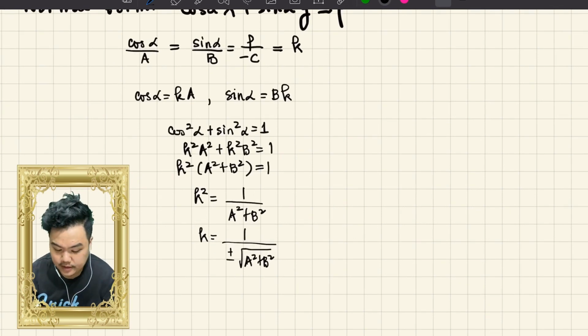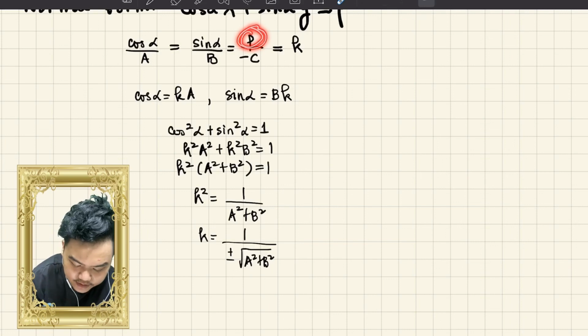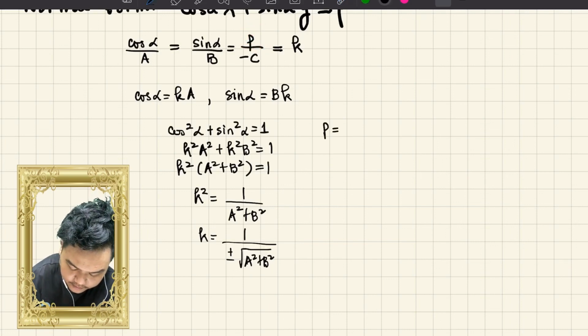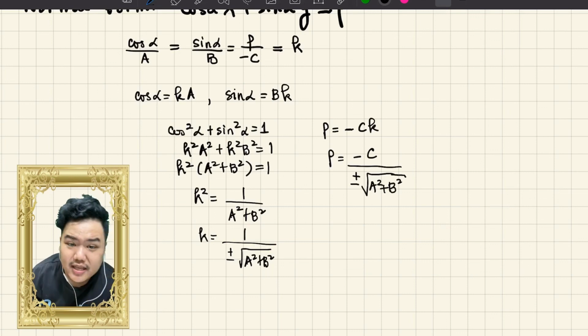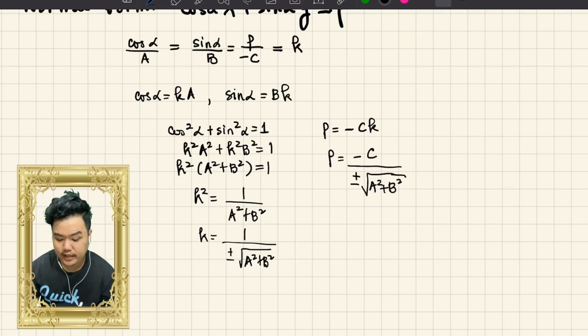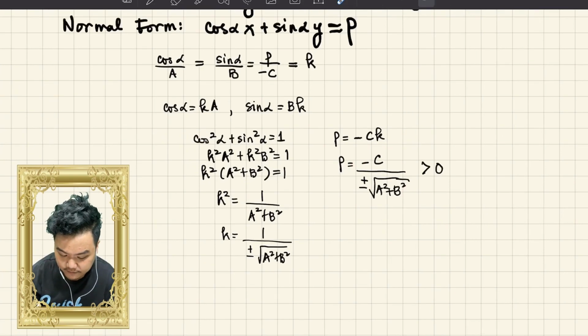Okay? So, let us compute yung rho. So, yung rho is negative ck. But k is this thing. Okay, pero ang assumption natin sa rho, positive siya kasi distance sa origin. So, dito nanggaling yung condition na such that this thing must be positive.